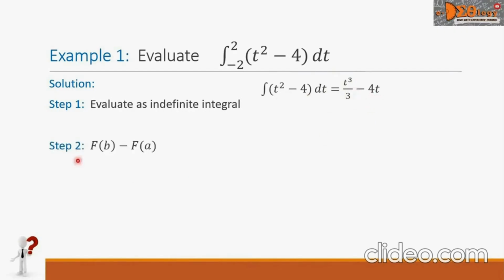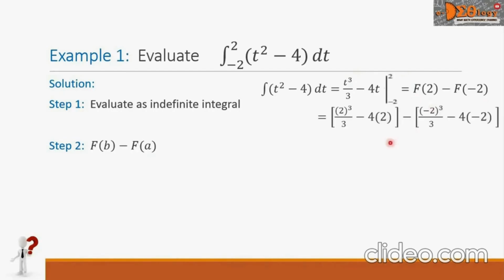Now the step 2, we will evaluate the resulting function using the limits of integration. So we use the negative 2 and 2. Most of the books of calculus, you will see this notation. And this is the same with f of 2 minus f of negative 2.